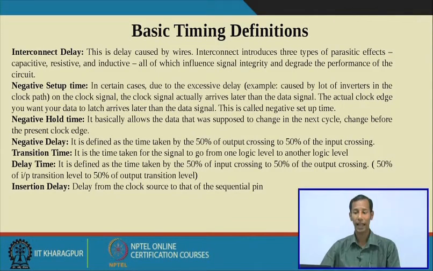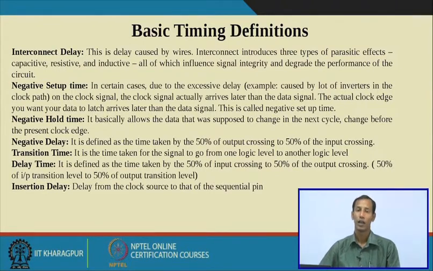Excessive delay will occur on the clock path. At that time the clock signal actually arrives later than the data signal. The actual clock edge at which you want your data to be latched arrives later than the data signal. This is called negative setup time.